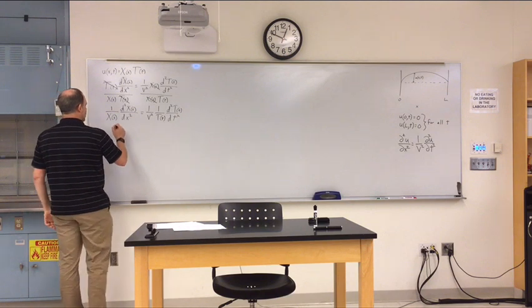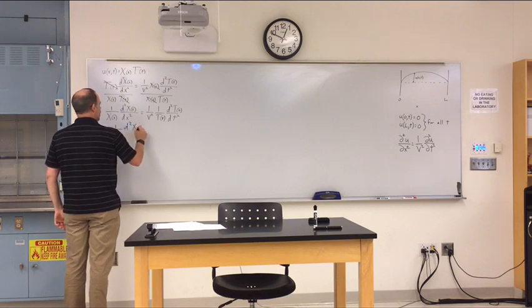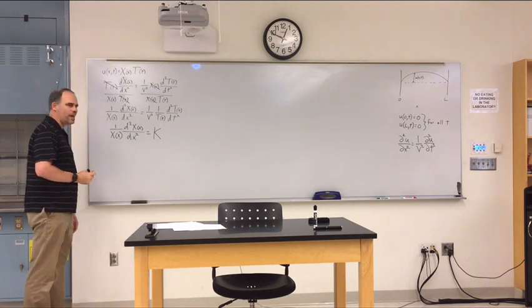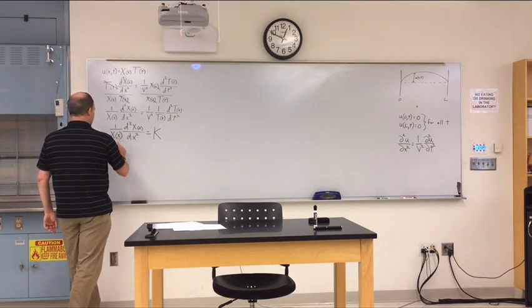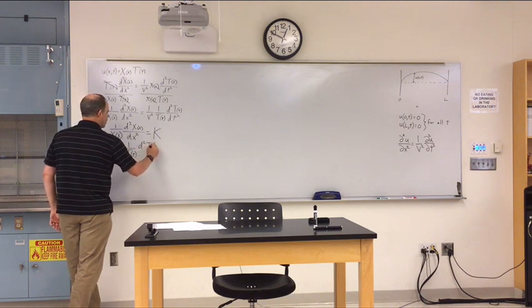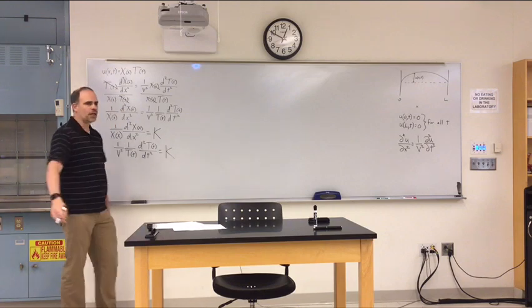Another way of expressing that is 1 over X of x times d squared X over dx squared has to equal some constant, we'll just call it k, and 1 over v squared times 1 over T of t times d squared T of t over dt squared has to also equal some constant.